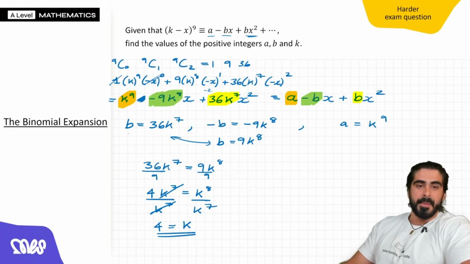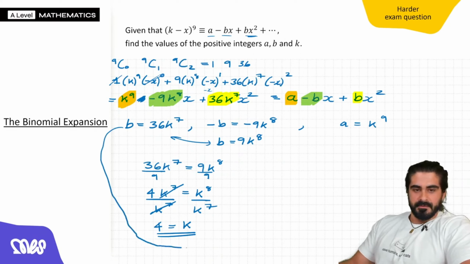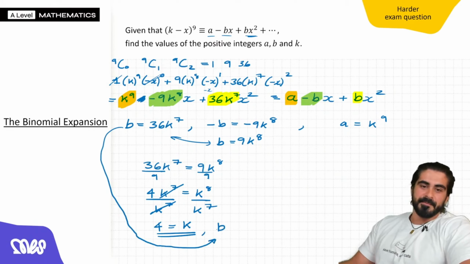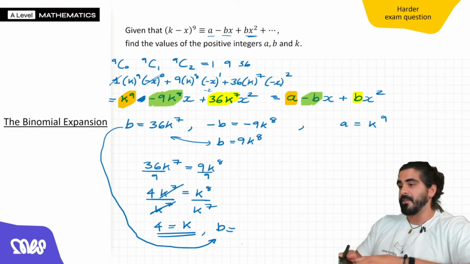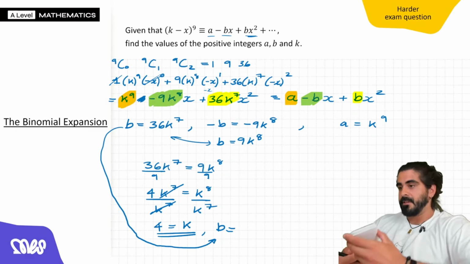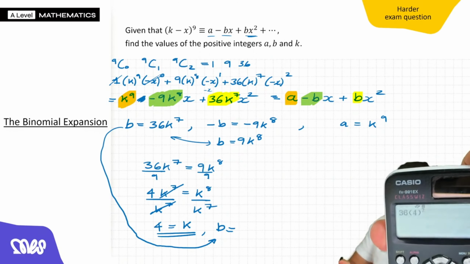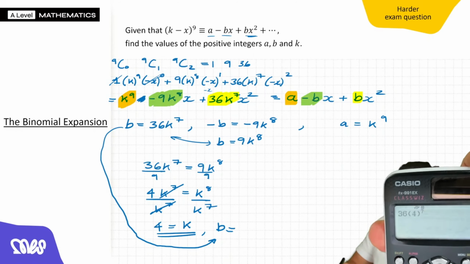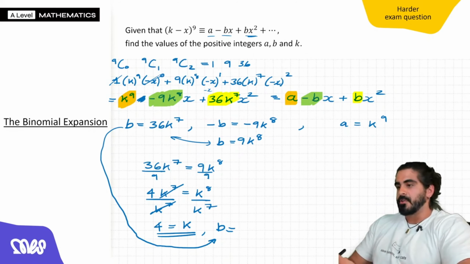Remember what we said? We said b, if we come here, I've got a big graphics board here. It takes a bit of time to go down. b is, I'm just using my calculator for this. b is 36. k is 4. Make sure you use a bracket here. Power 7. 36, 4 to the power of 7.